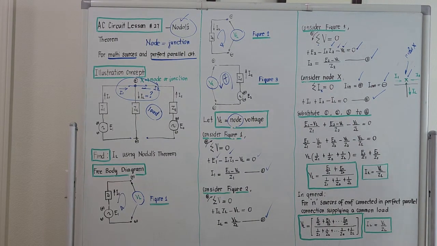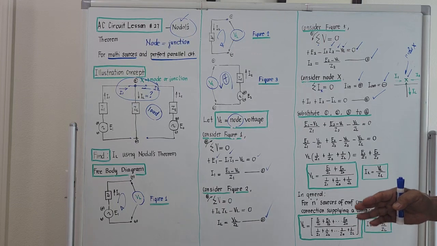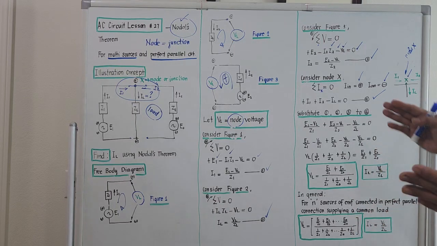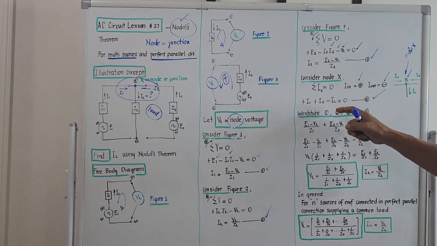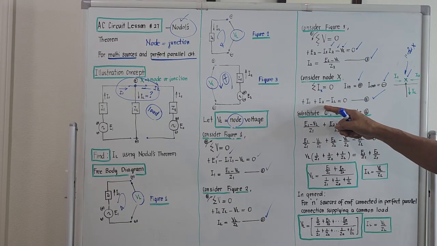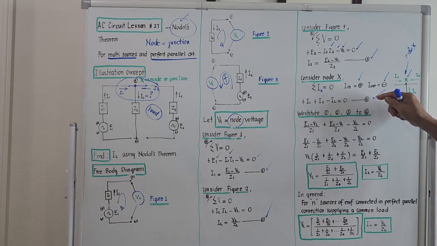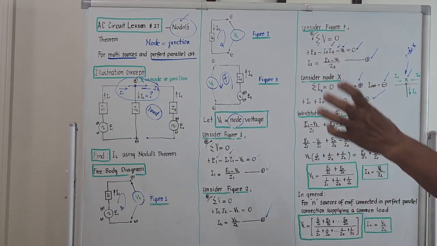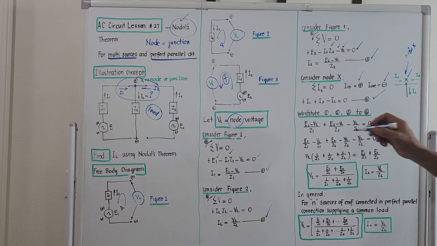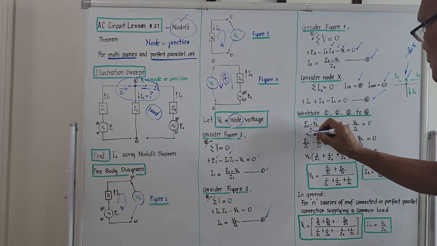So we now have 4 equations, and we have already determined the relations. So what we will do is substitute equation number 1, equation number 2, and equation number 3 into the derived equation number 4. Equation number 1: I1 is actually E1 minus V sub L over C1.